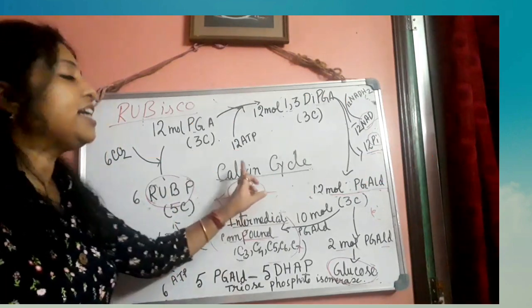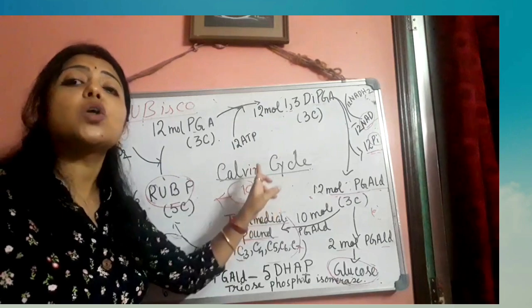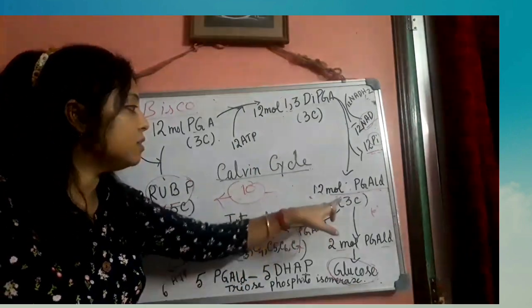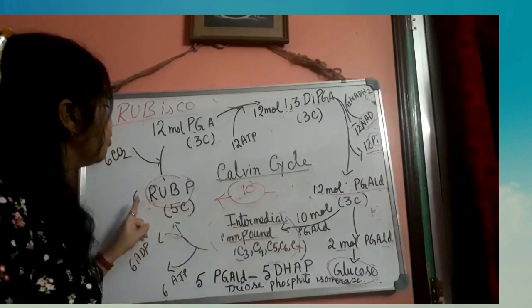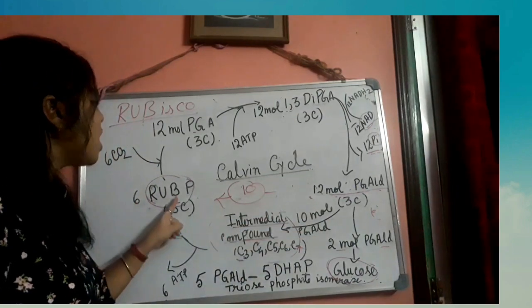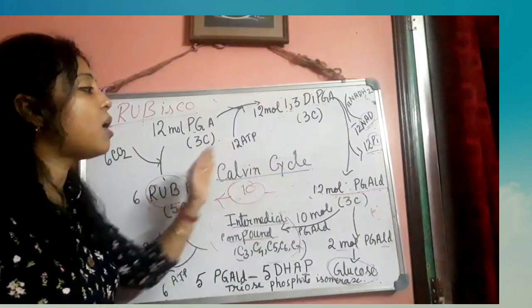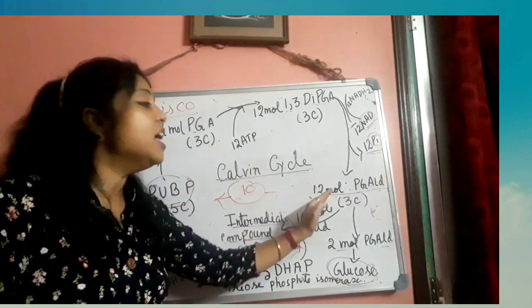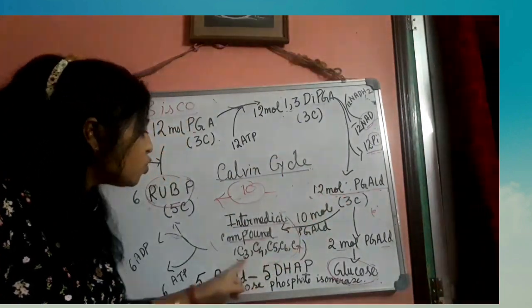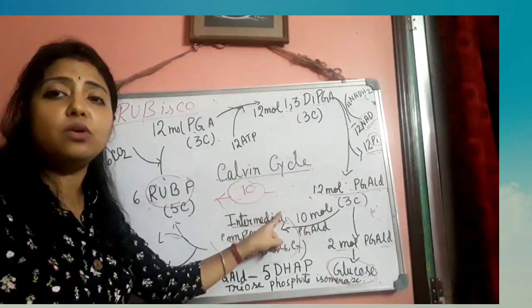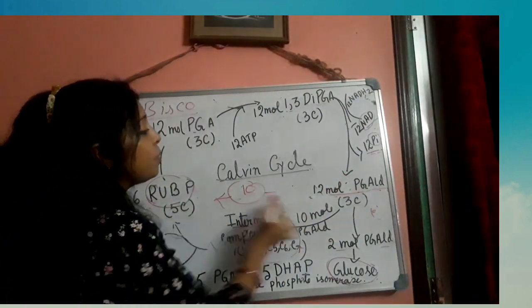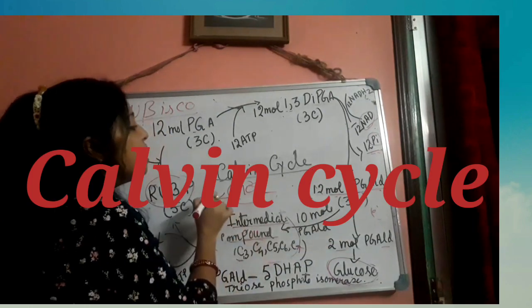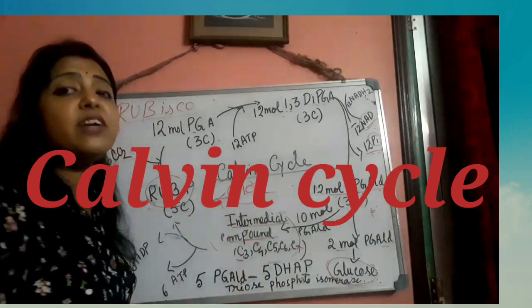But scientist Calvin and his co-workers observed and said that regeneration of RuBP was happening from 10 molecules of PGLD through some intermediate compounds. So the regeneration of RuBP from PGLD is known as Calvin cycle.